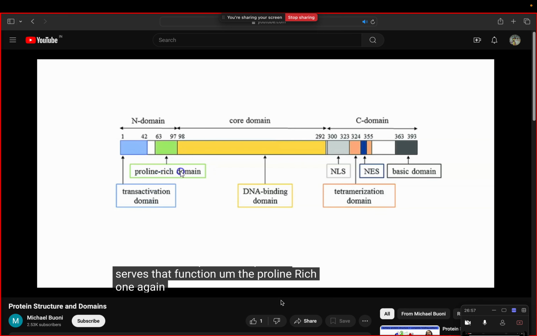The proline-rich one, and again, you don't need to know these for a test. It's just to describe to you how protein areas and domains do different functions. In this one, the proline-rich domain has to do with apoptosis. So if the cell attempted to recruit other proteins and to fix DNA damage and it can't, then this is basically the big red nuclear button, for an analogy.